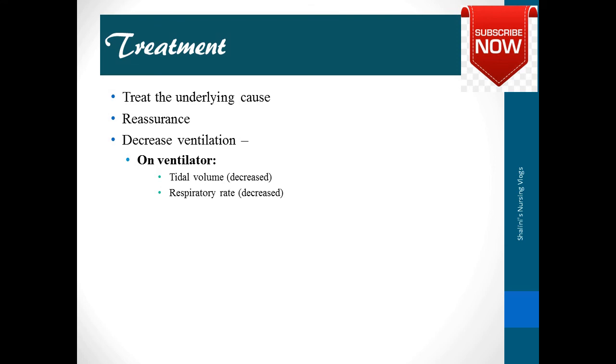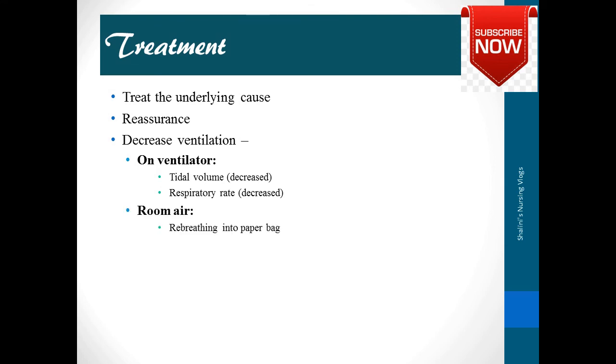The treatment strategies for respiratory alkalosis are as follows. First is treating the underlying cause. Second is reassurance, especially in cases of drug abuse or anxiety disorders, this might do the job. Third is decreasing the ventilation. For patients on mechanical ventilation, you can think of reducing the tidal volume and also the respiratory rate.